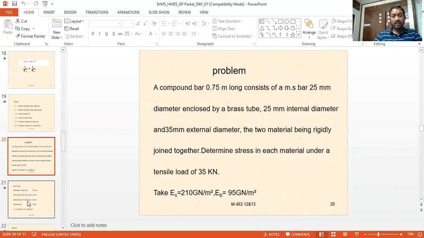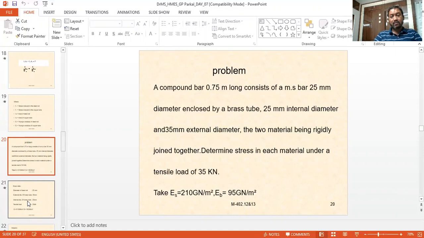A compound bar 0.75 meters long consists of an MS bar 25 millimeters diameter enclosed by a brass tube 25 mm internal diameter and 35 mm external diameter.